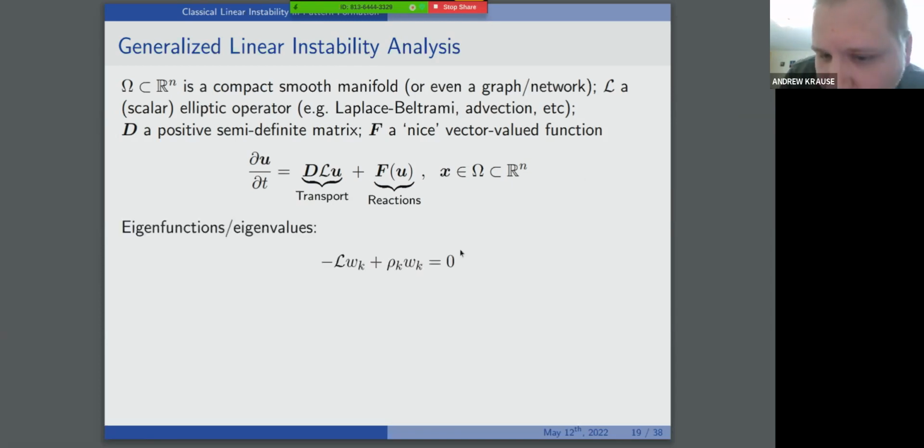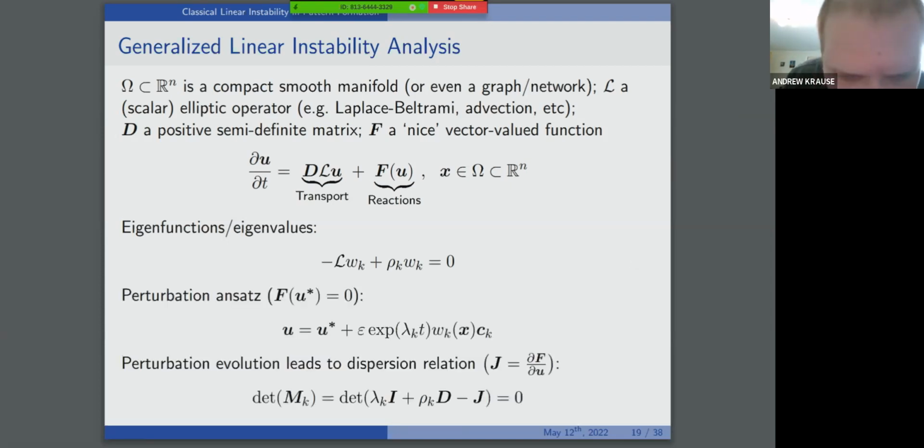I have a technical assumption on what I'm calling an operator L. This is not terribly important. And then I can plug in the same perturbation ansatz and determine essentially the same equation for lambda. It won't be quadratic if I have more than two species. It might be cubic, or it might involve other things.